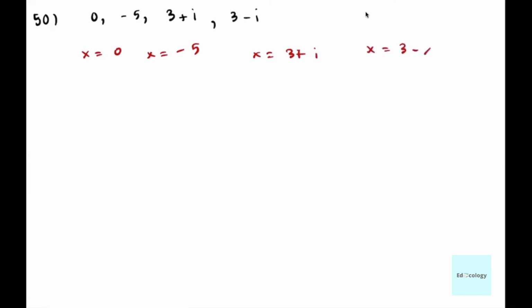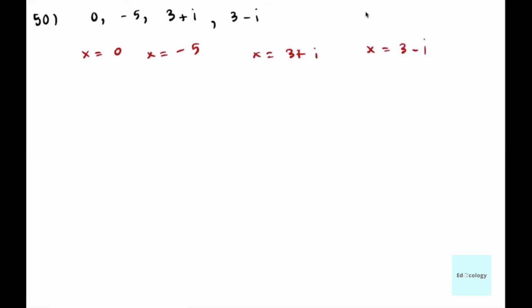Now we will do one last question. What if you have something that looks like this? Let us do question number 50. They give you 0, negative 5, and 3 plus i. So this time they give you an expression. So what you're going to do, exactly like we did before, first write this. And remember, when they give you a complex number, you also should write the opposite sign, 3 minus i, okay.